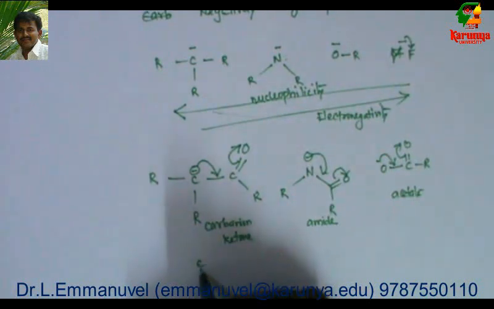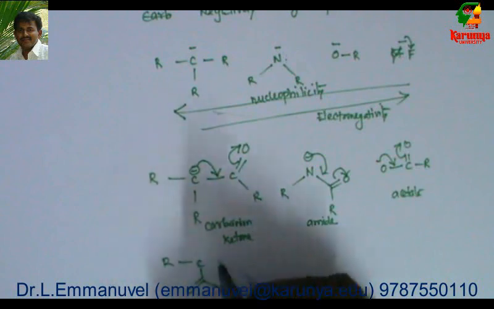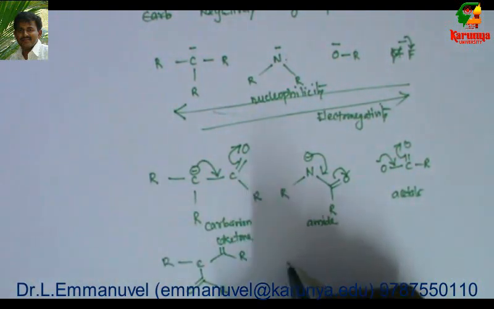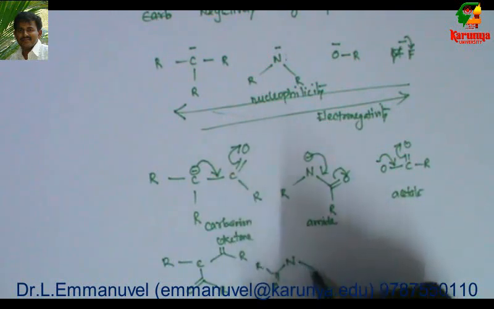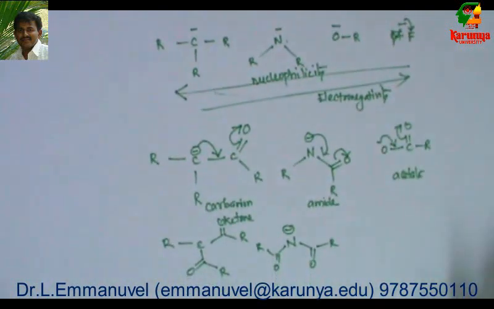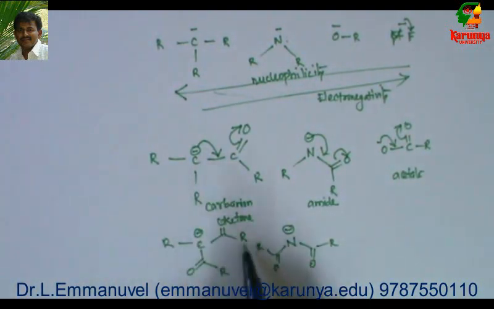Further, if I replace two groups with carbonyl group, then what I get is this one. So this compound is called active methylene compound, which has two electron withdrawing groups or two carbonyl groups.